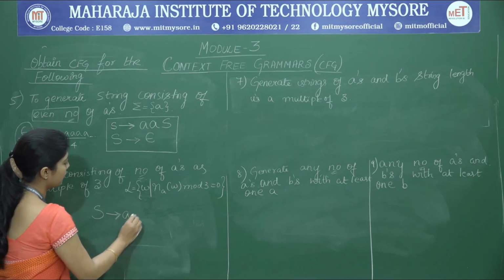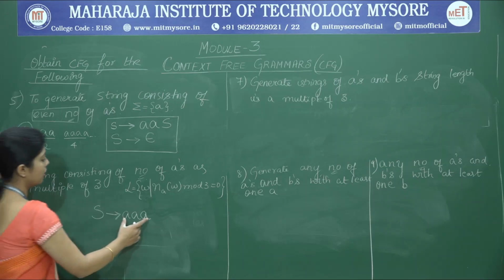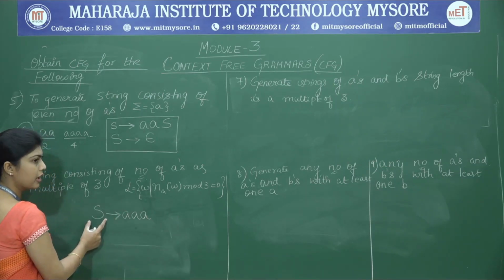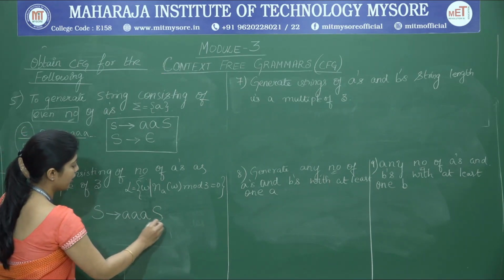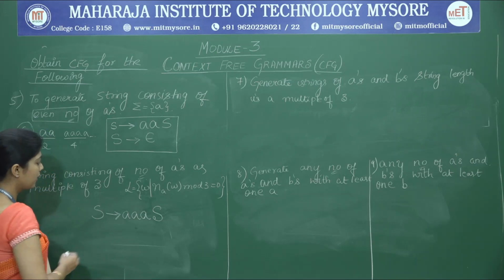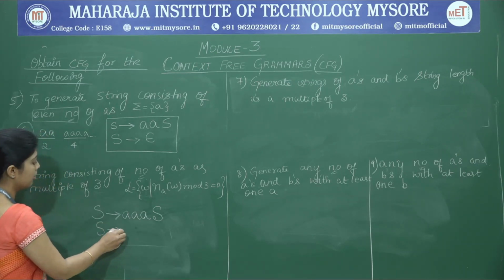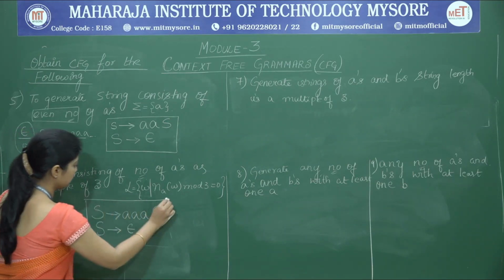When we say multiple of 3, 3 A's have to be generated. The same pattern has to be repeated once again. So this is the variable that is generating another 3 more A's, therefore we write S here. Next, 0 mod 3 is also 0. Therefore S goes to epsilon.